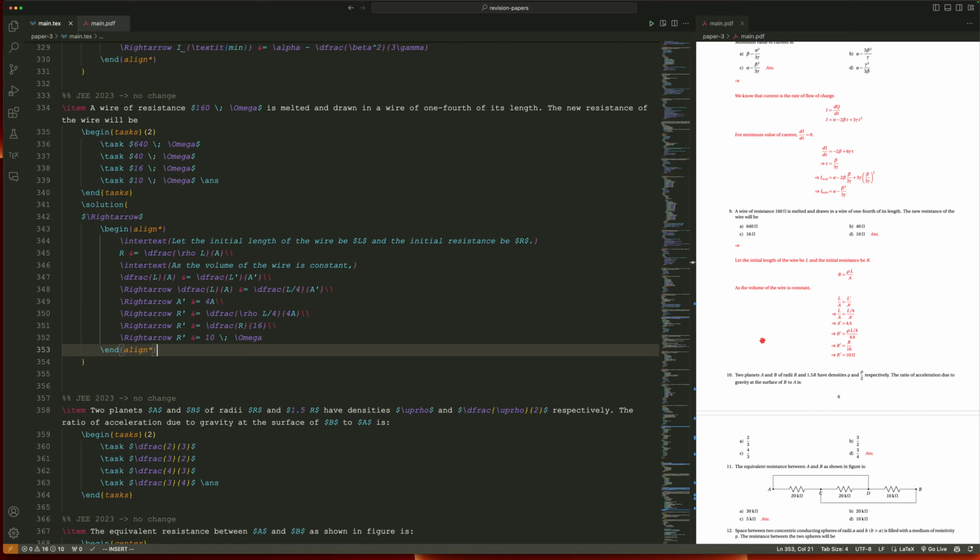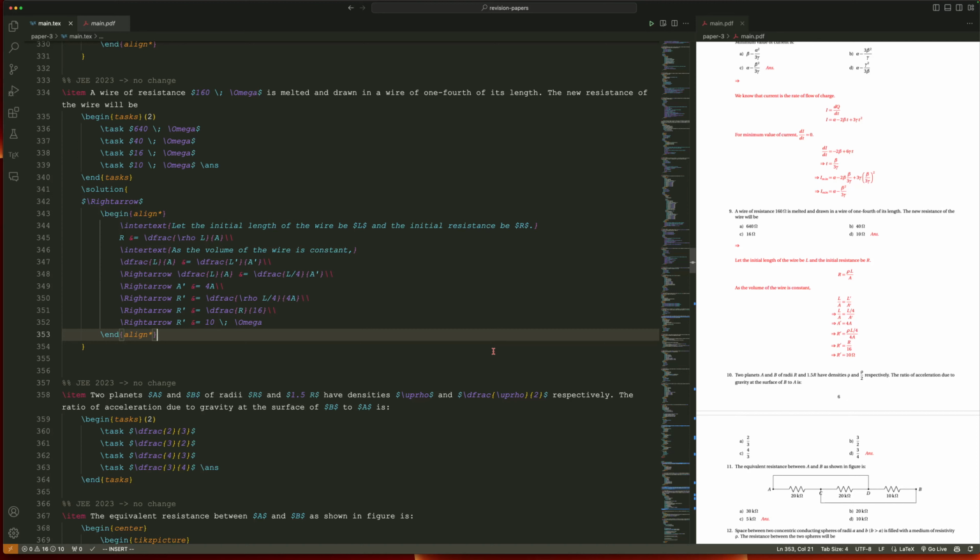I think it's not perfectly okay here. I know it's right, but I'm not satisfied with that. Yeah, it's right, but not in the perfect way, because this is not the volume.